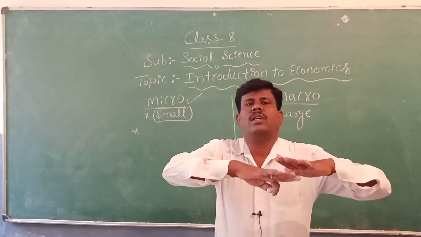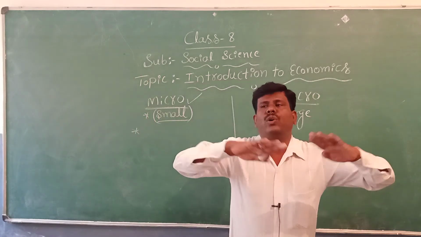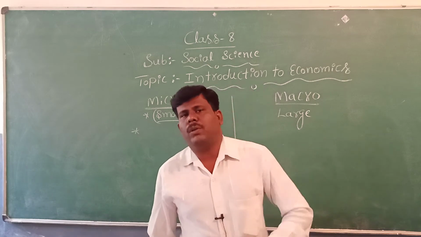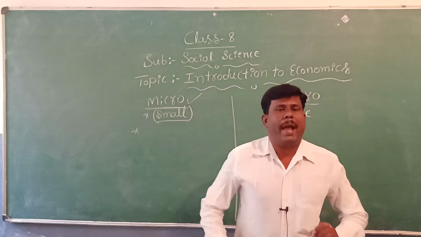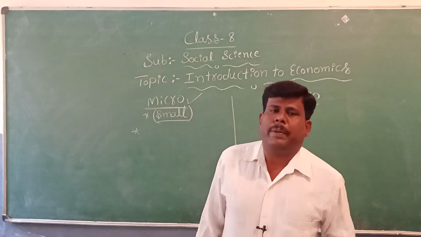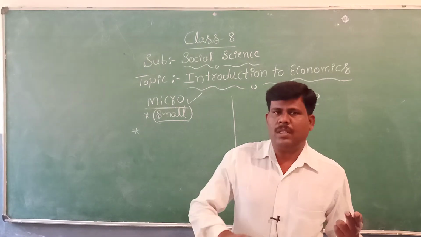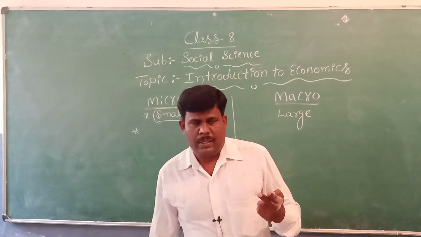Tax is collected from all the people, as compared to our country. So the government takes a decision at the macro level. Collection of taxes. Second one, provide public amenities. This is also provided to all the people.